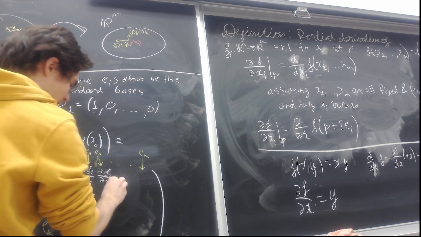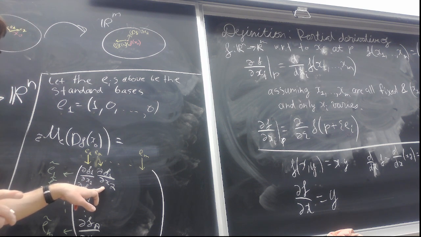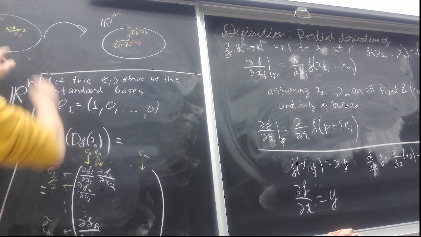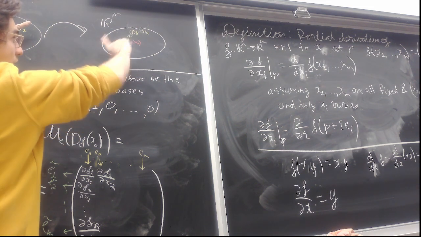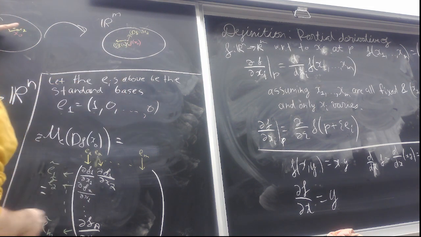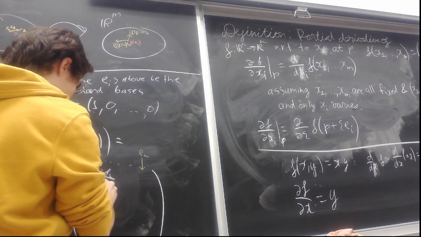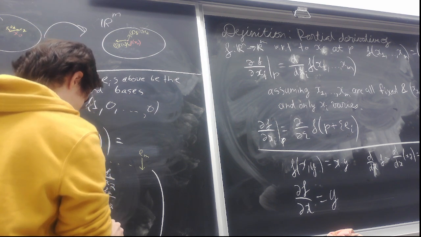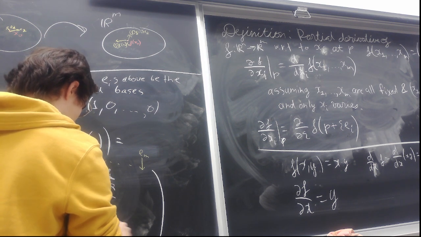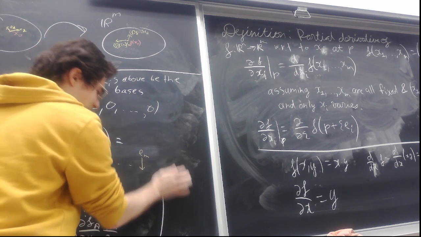X2, yes. Because the partial x2 is saying I'm taking a derivative in the direction x2. So I'm moving in the direction x2 here, and then I'm looking at all the basis vectors here and writing down the vector that I get from moving in this direction. Okay, I get partial f2 partial x2, partial fn by x2, and so on and so forth.